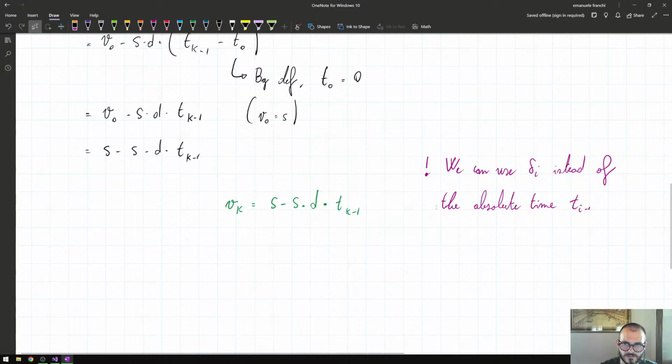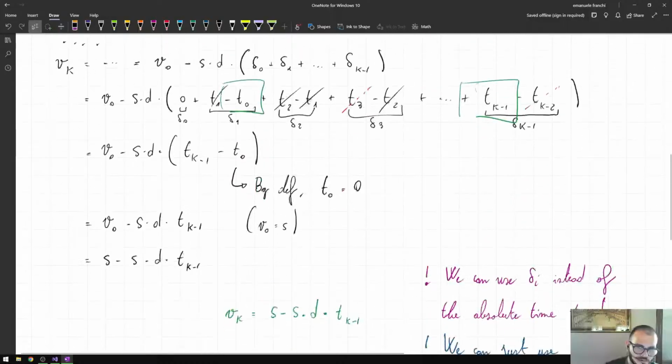That's the first important fact. The other important fact is that we can just use S. Everything looks sort of worked out.